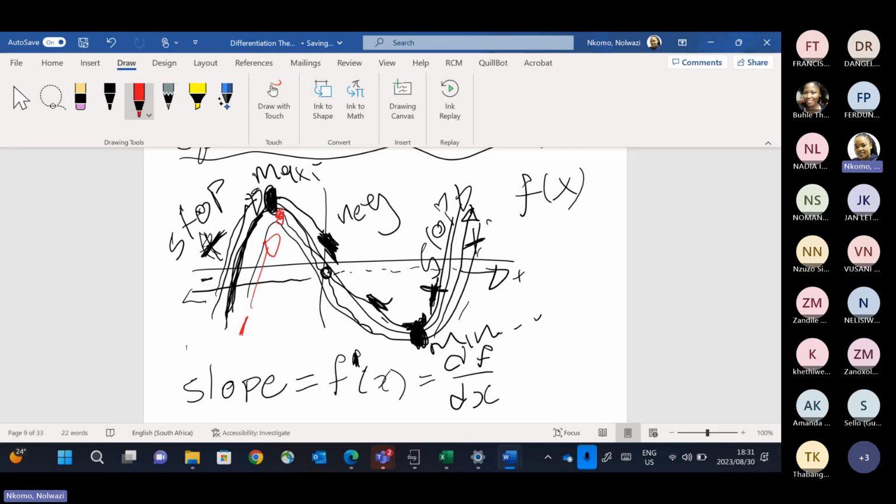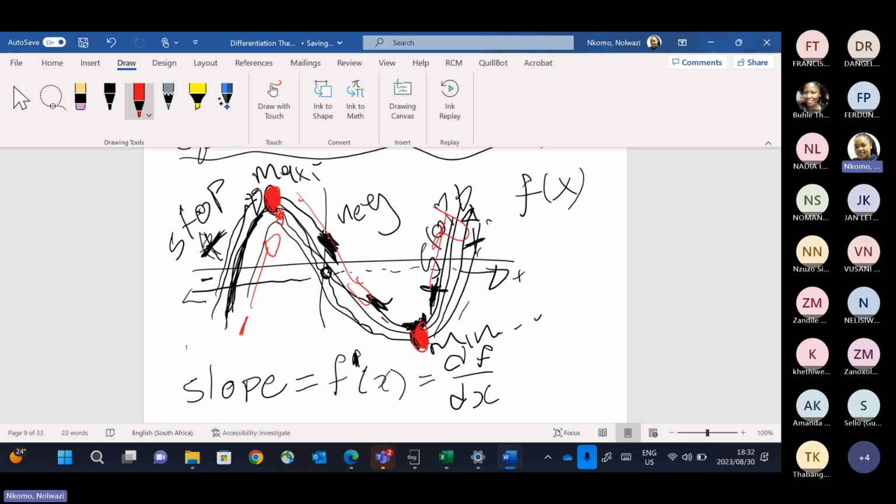Then here at the top, the maximum point, the slope changes from positive to negative, and the slope will always be 0 on the stationary points. And again, here, the slope is moving from negative to positive. On this point, the slope is 0.